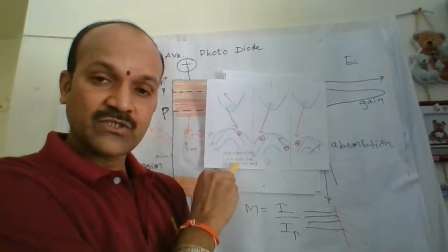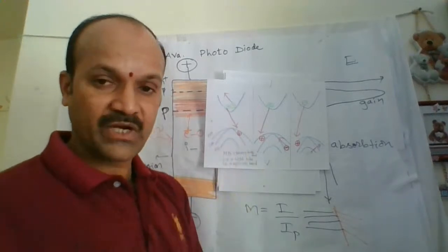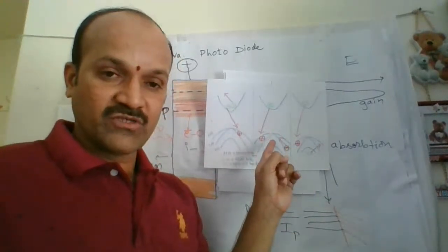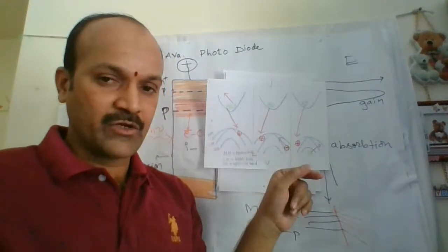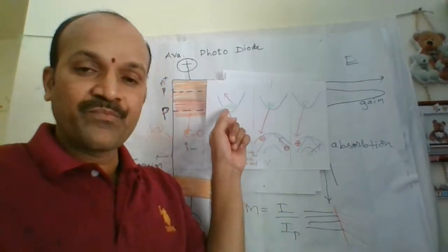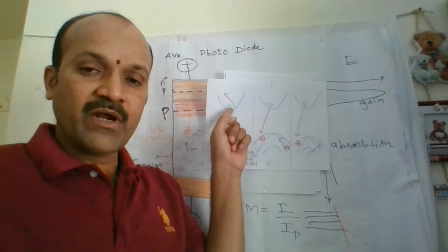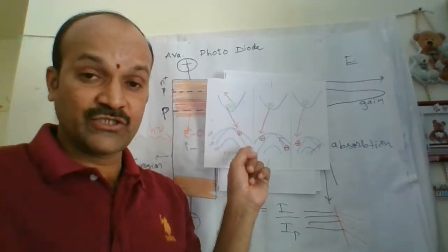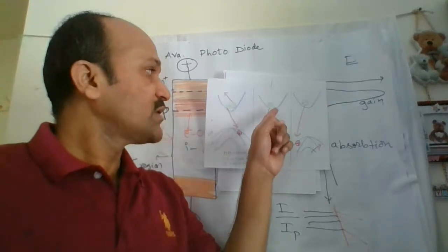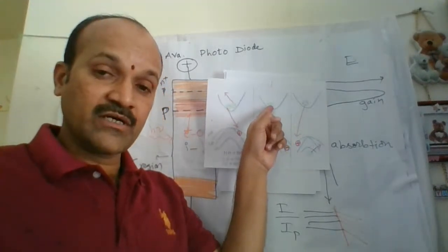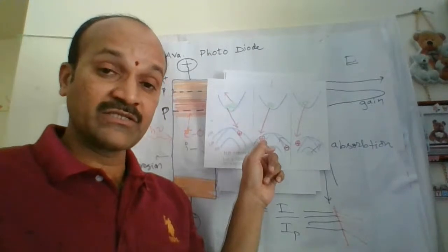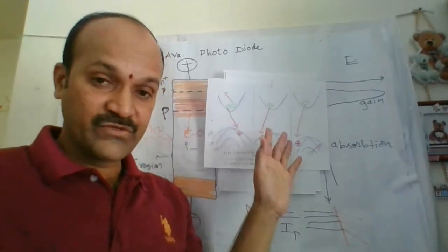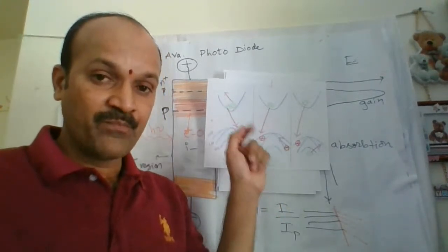SO is split-off band. Right. So coming to the second process in Auger recombination. In the first, the electron in the conduction band recombined with a hole in the HH band. Now again, the electron in the conduction band recombines with a hole in the HH band, the same phenomenon.